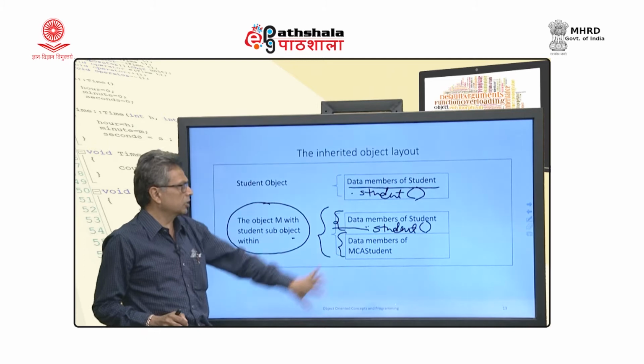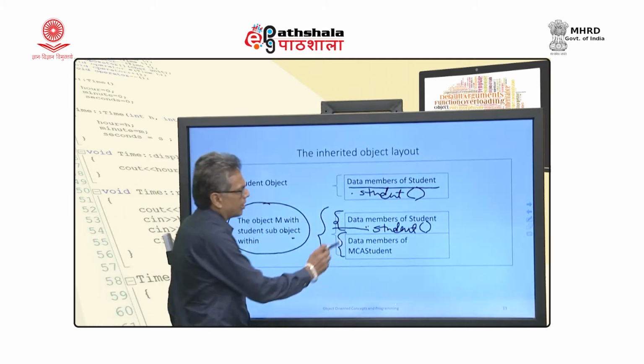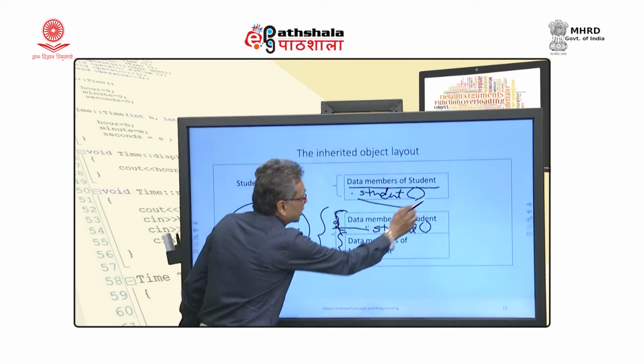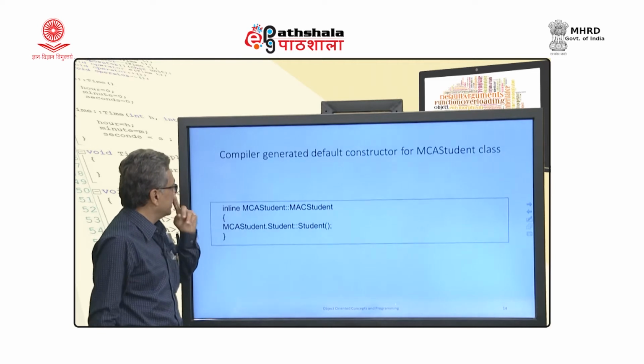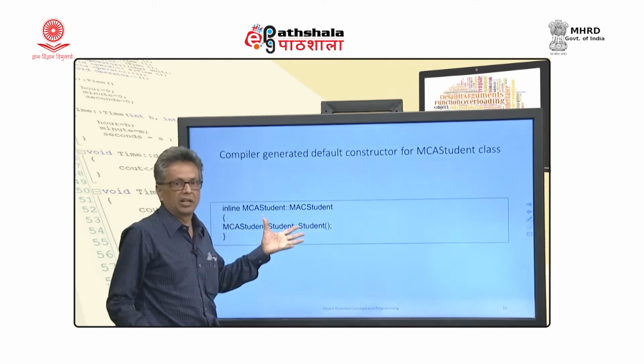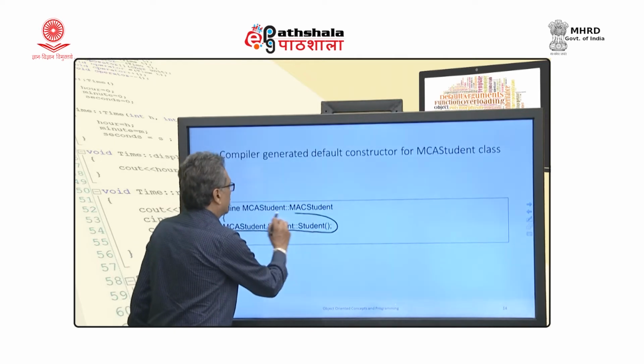So, whenever C++ defines a derived class object, it will also construct the base object using the constructor specified by the user. What does that mean? That means it will generate an MCA student constructor, it will just say that MCA student constructor.